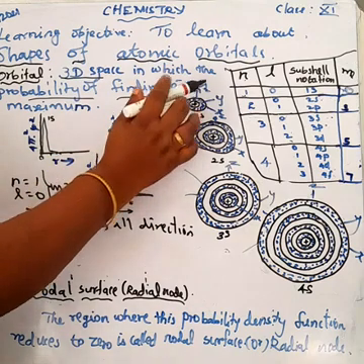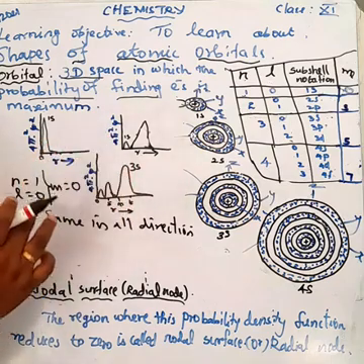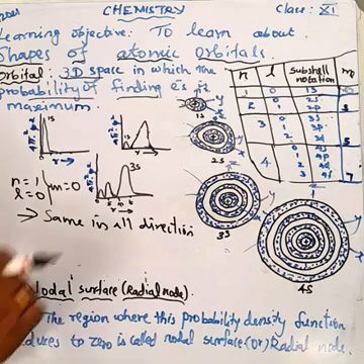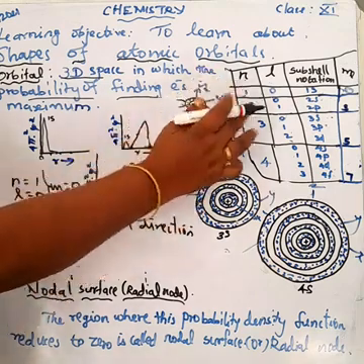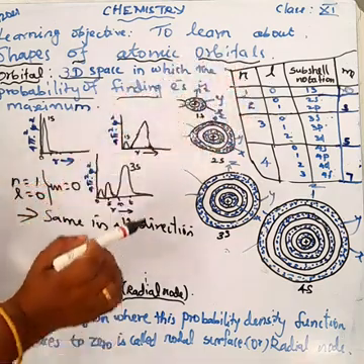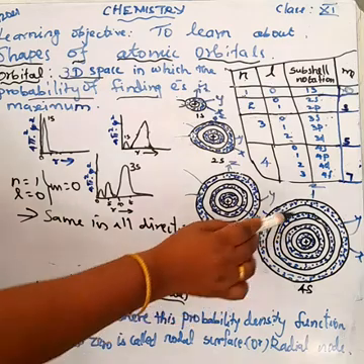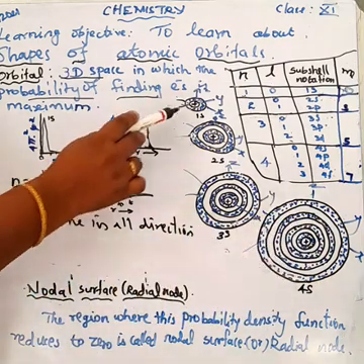Then, the greater the value of n, the larger is the size of the orbital. Here n means the principal quantum number. When the value of n increases, the size of the s orbital increases.